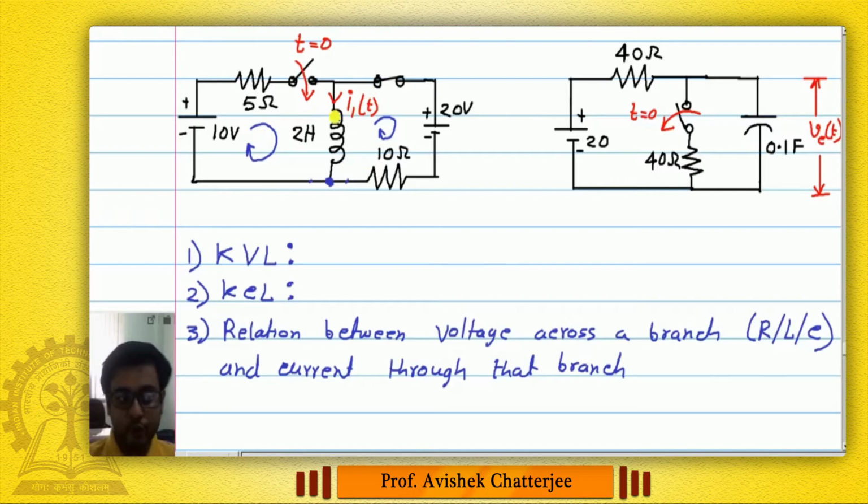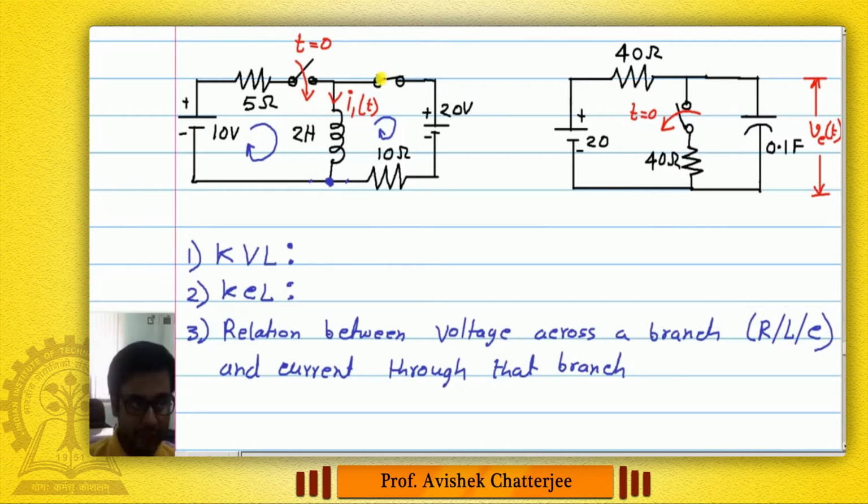Instead of dealing with these voltages and currents as functions of time, we will deal with their Laplace transform. We will first find the Laplace transform of voltages and currents across different branches, and then you can take Laplace inverse to get voltages and currents as functions of time. Let us see that.